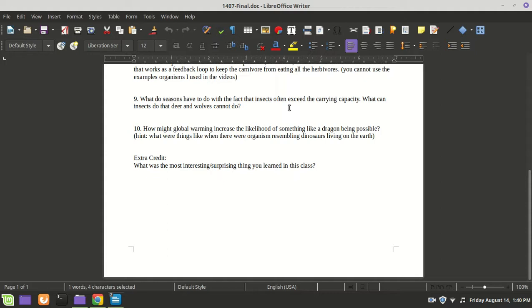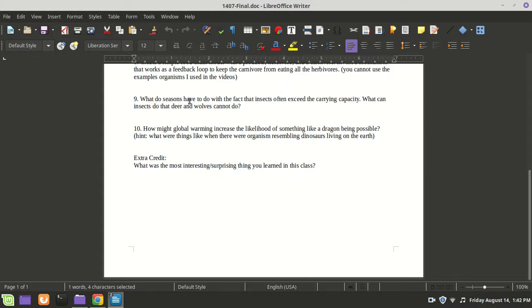When it freezes in Houston, the insects, what happened to them? All right. And then what happened to things like deer and wolves? Well, the thing that happens to the insects is not the thing that happens to deer and wolves. And the insects do something. They have an ability to do something that deer and wolves do not.